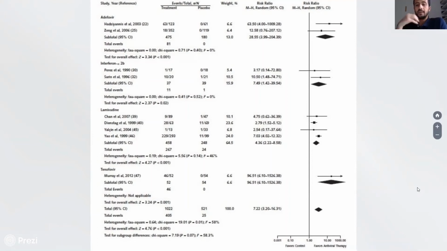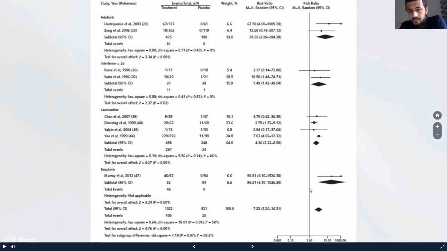This is why this vertical line is called the line of no effect. Any study or any conclusion that touches that line, even if the center is not on the line but it is just touching the line, the conclusion is not so important.